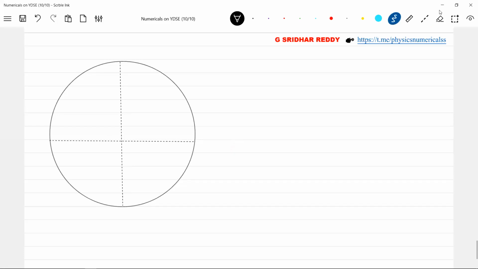Let me take 2 point sources of light, S1 and S2, separated by a distance d. Let R be the radius, where R is very much greater than lambda and very much greater than d.